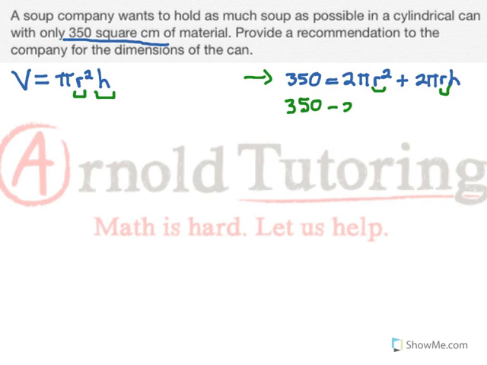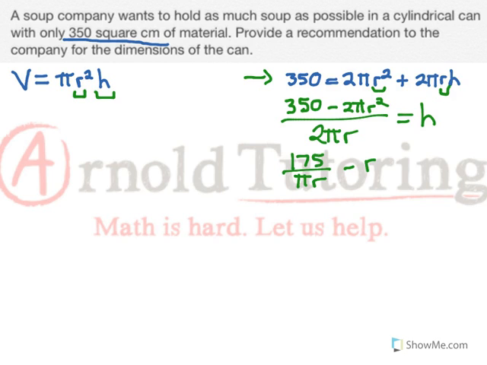So it's 350 minus 2 pi r squared, I'm just bringing that to the other side, and then divide by 2 pi r, and that equals h. So that was just simple algebra getting h on its own. If we simplify this a little bit, this becomes 175 over pi r minus r. And all I did there was divide each term by 2 pi r equals h.